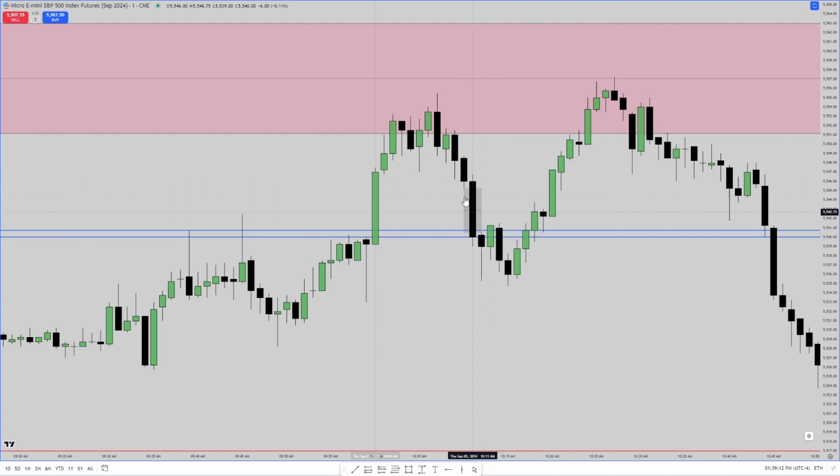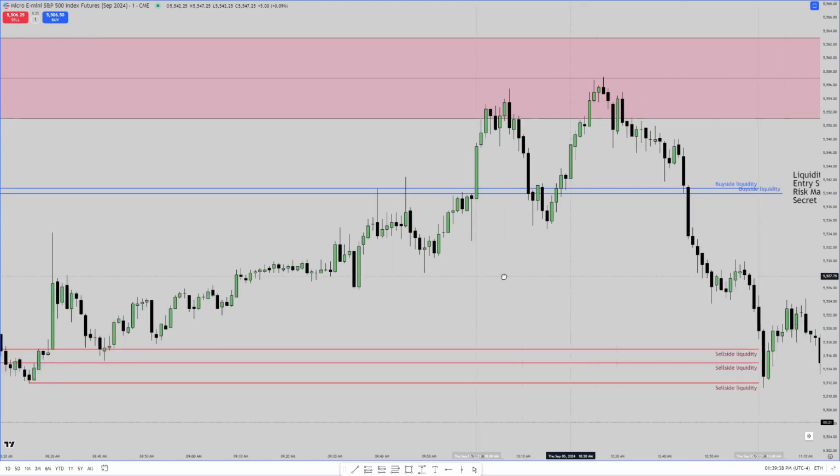That's a gap. So you have a gap right there. You have a gap right here. Those are what we classify as ICT traders as fair value gaps. And the market likes to trade into those areas and use that as rocket fuel to either go higher or to go lower.